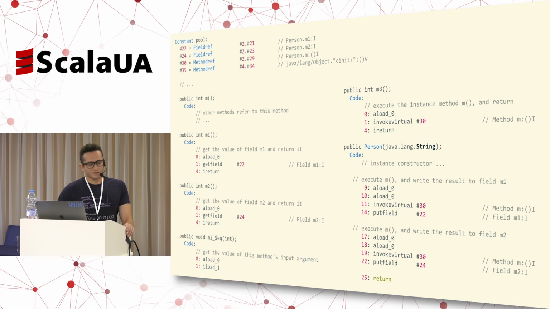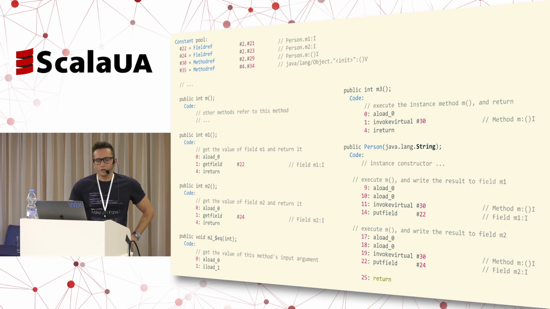On the left, we can see the definitions and bytecode for m, m1, m2. And on the right, you can see m3 and the actual constructor code for the Person class. In the constructor, in the constant pool, we see that the reference to method m is stored at index number 30. So the third line, index number 30, is a reference to the Person method.